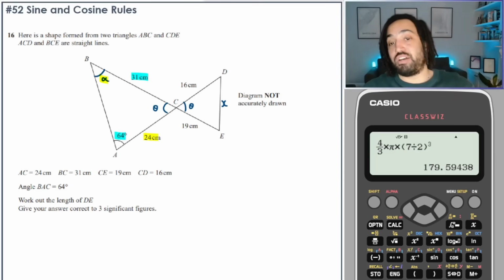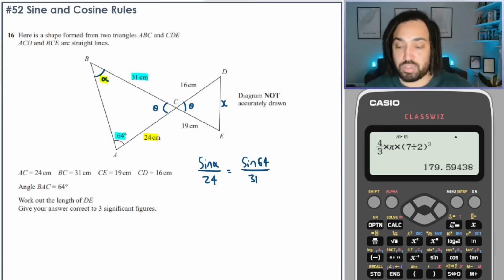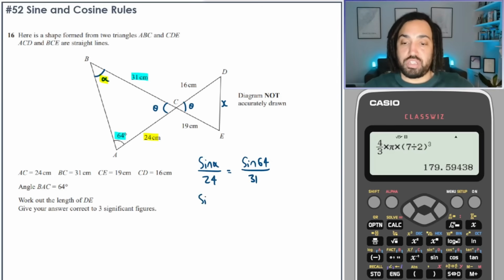And then once we've found alpha, we can find theta because we know angles in a triangle add up to 180. So let's start. Sine alpha over 24 is equal to sine 64 over 31. So sine alpha is equal to sine 64 over 31 times 24.